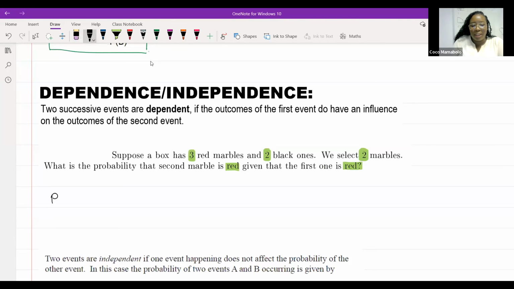We know that our sample size, our n(S), how much is our sample size, guys? 5, correct. That's it, Danveer, because there are 3 red marbles and 2 black ones. So our sample size is 5. Now, what is the probability of getting red?